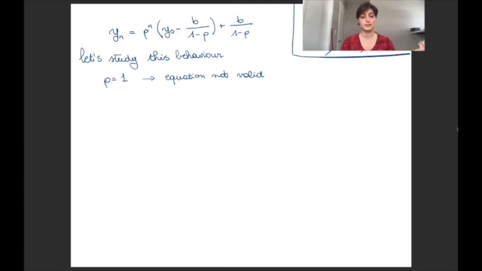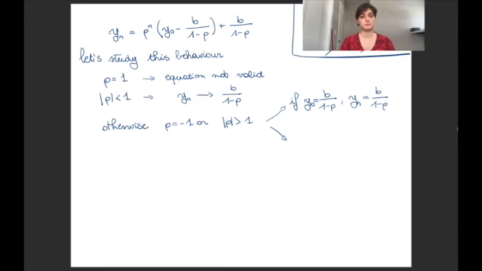Also, at the previous slides, we said that rho needs to be different than 1 in order to apply our approximation. So for rho equal to 1, we cannot compute that here. If rho is smaller than 1 in absolute value, then the first part that is multiplied by rho to the power n is going to tend to 0. So y_n is going to tend to b over 1 minus rho.